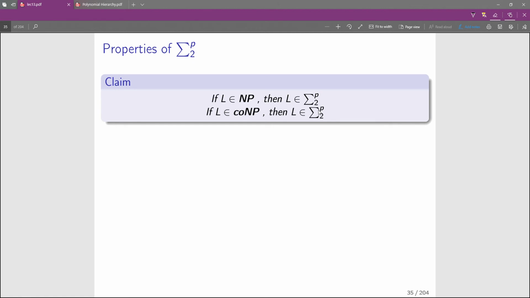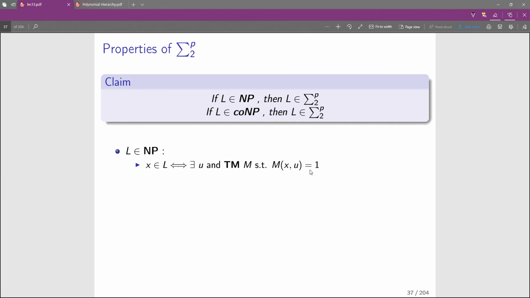The definition of NP goes like this: x belongs to L if and only if there exists a U and a Turing machine M such that M accepts. As you can see, the definition of sigma 2 P is more generalized. There is one more quantifier, for all V, such that M accepts x comma U comma V. So you can show a construction of a Turing machine M dash.